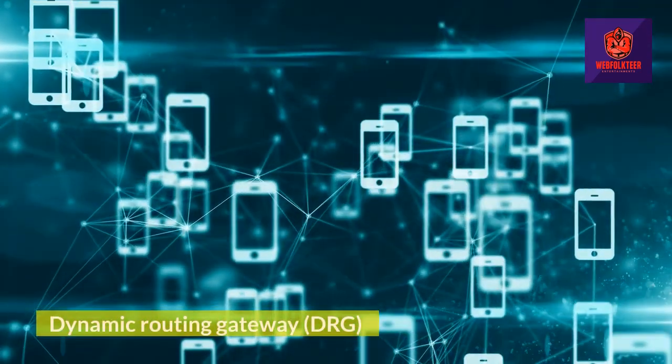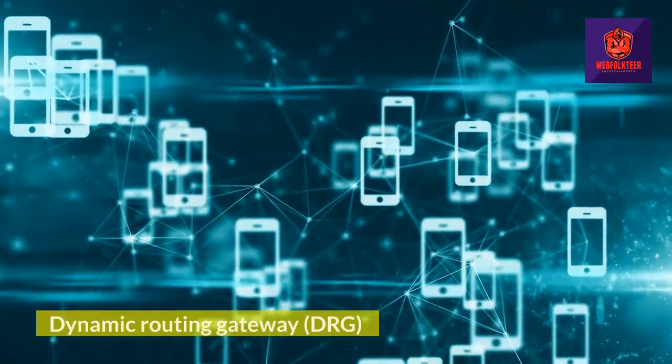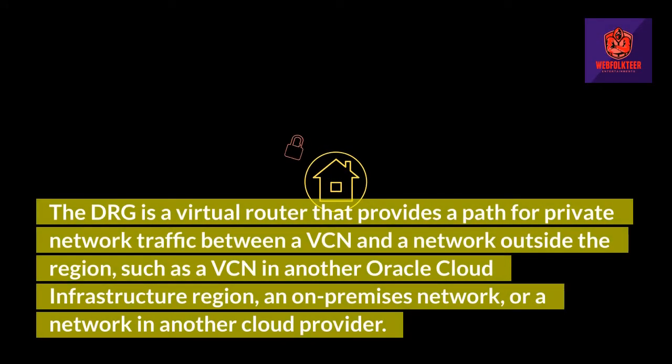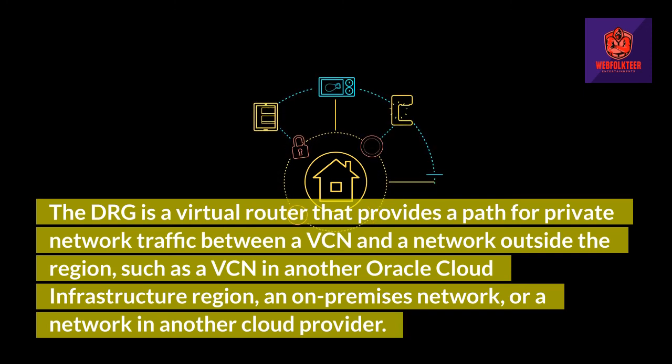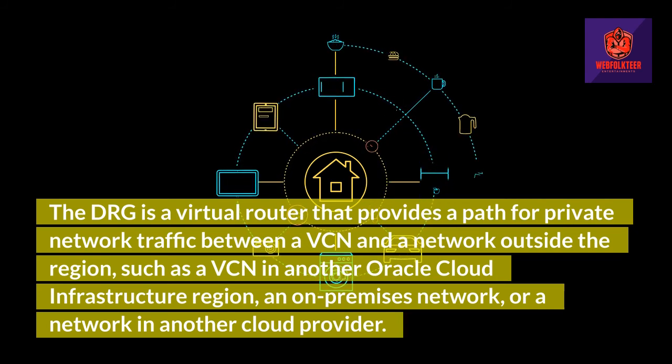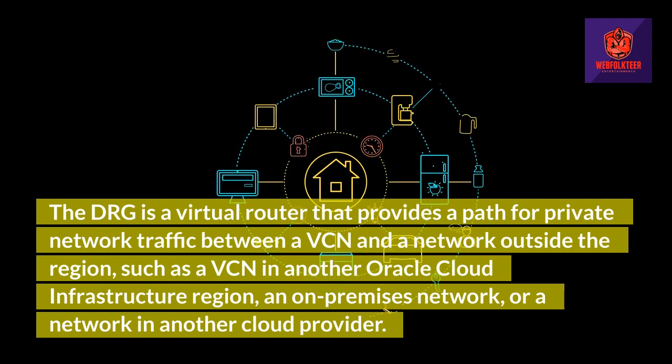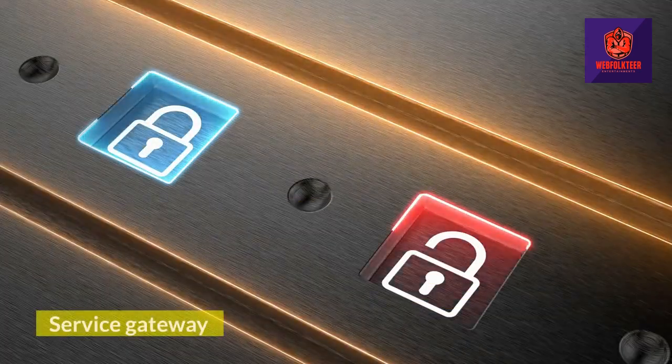8. Dynamic Routing Gateway, DRG. The DRG is a virtual router that provides a path for private network traffic between a VCN and a network outside the region, such as a VCN in another Oracle Cloud Infrastructure region, an on-premises network, or a network in another cloud provider. 9. Service Gateway.